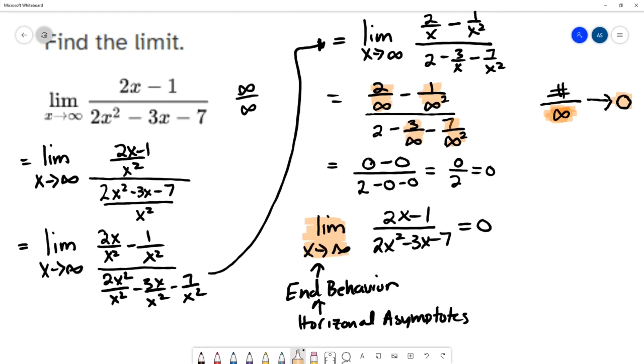In an algebra class, you would study a function like this and pay attention to the degree of the numerator, which is 1, and the degree of the denominator, which is 2. You'll notice that the degree of the numerator is smaller than the degree of the denominator. That means we would have a horizontal asymptote at y equals 0. So at our ends, the graph will be approaching 0. The y value will be approaching 0.